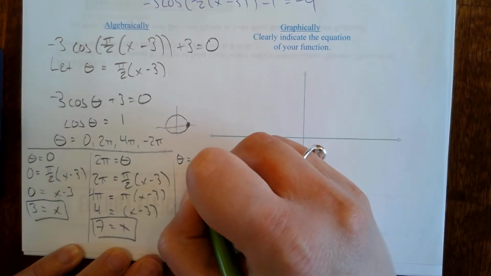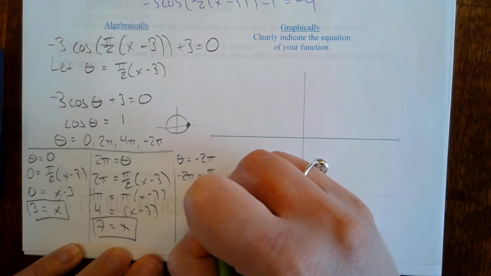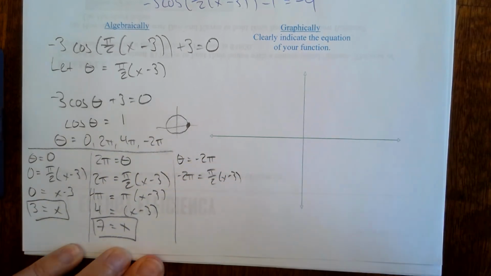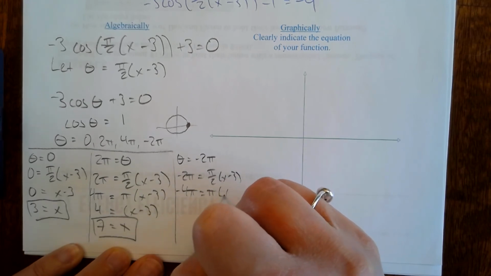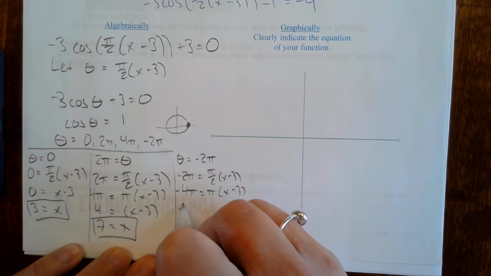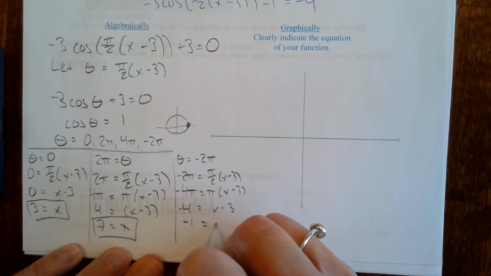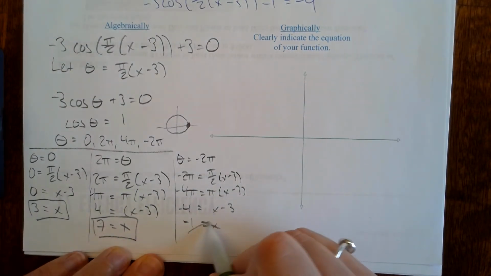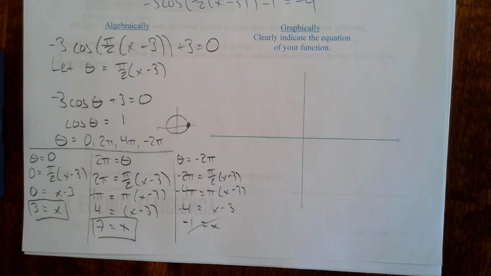So here we're going to try theta equals negative 2 pi, pi by 2, x minus 3. So multiply both sides by 2, divide by pi on both sides, and add 3, and no, we are not in the interval. If the interval was bigger, that would be a great answer, but it's not, so it's fine, and that's it.